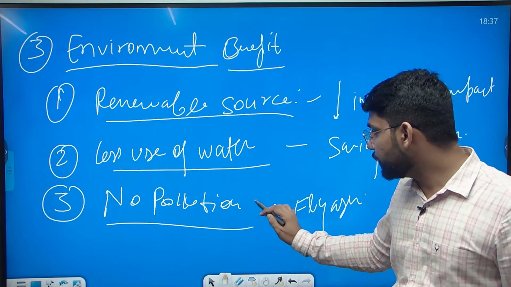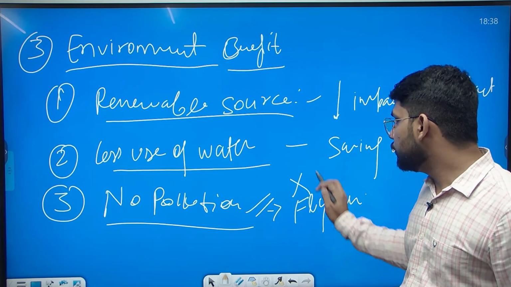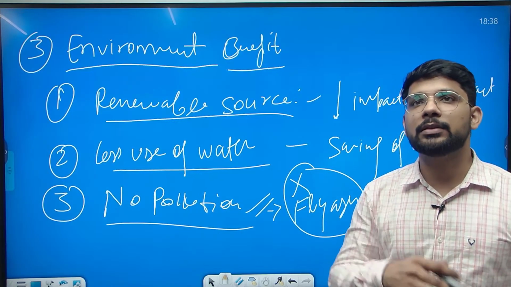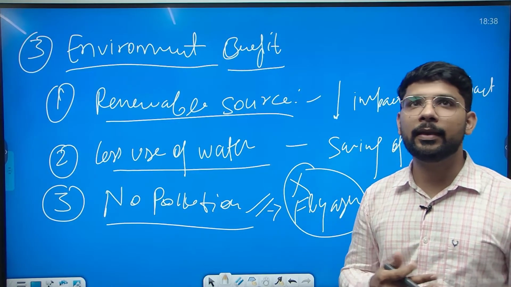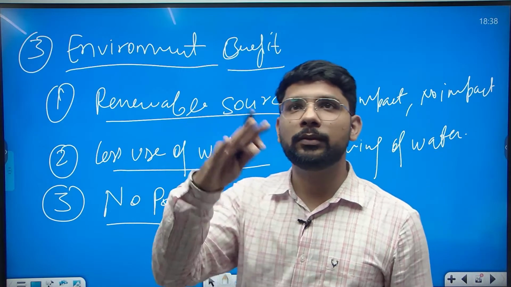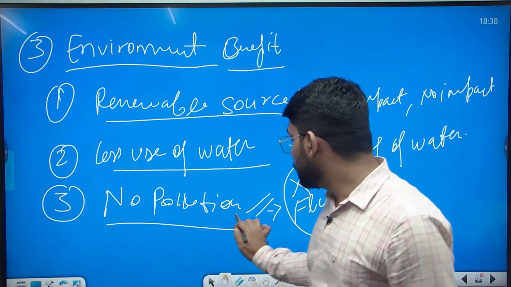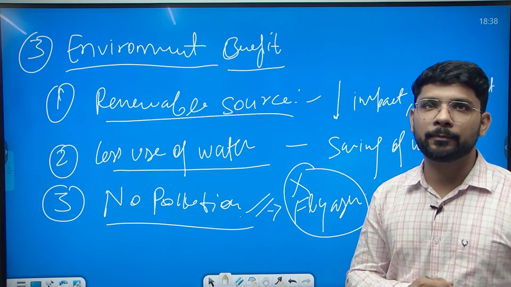But in the case of solar energy, there is no generation of fly ash. There is no pollution when we are generating the energy directly from sunlight. So there is no pollution in this case.